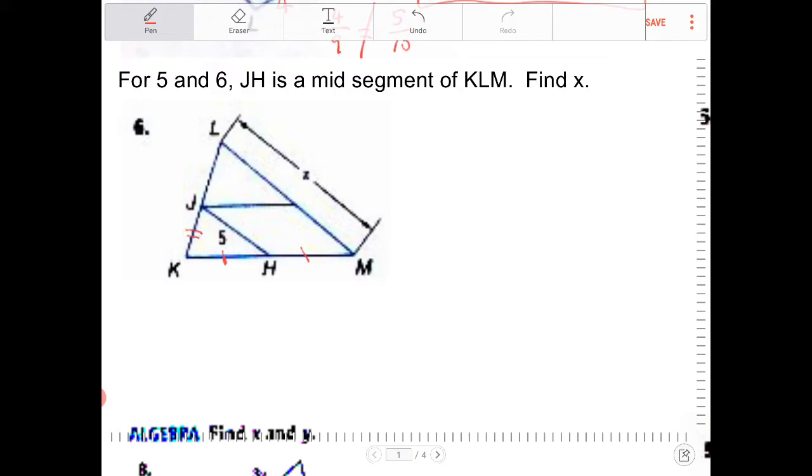JK is going to be congruent to JL. We need to now find X. If JH is a mid-segment, then all of these parts are going to be proportional to one another. The overall triangle is going to be double that of the small triangle. So therefore X must equal 10.